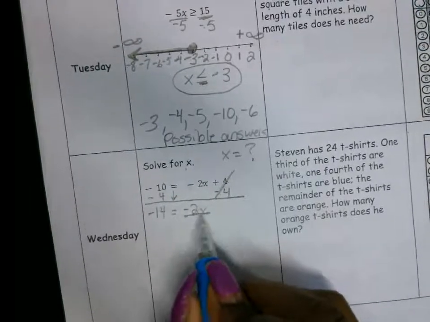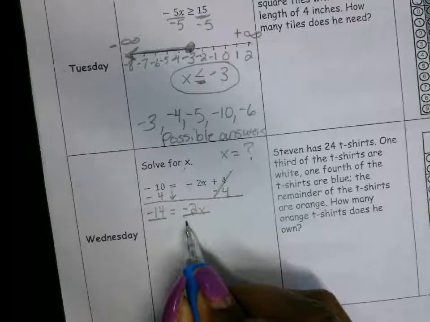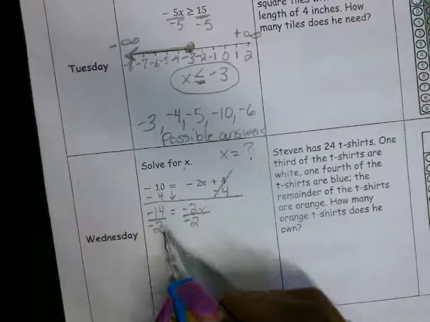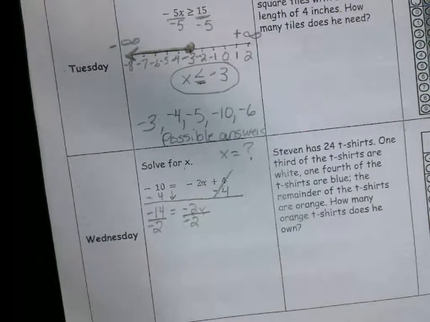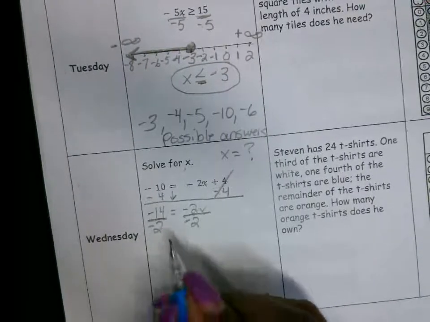So we're going to divide both sides by what number? What kind of 2? What is negative 14 divided by a negative 2?